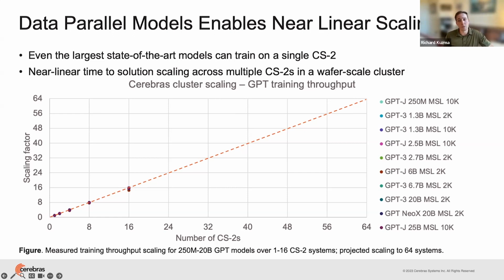But when you want more compute, when you want to scale out to more CS2s, you still maintain that near linear performance. And here you can see just how close those dots are for performance of GPT-3, GPT-J, GPT NeoX, both at short sequence lengths like 2K or standard, and the longer sequence lengths of 10K, giving that near linear performance.